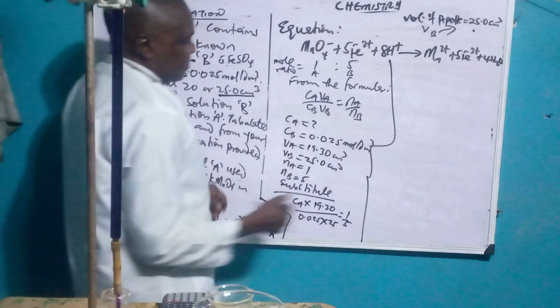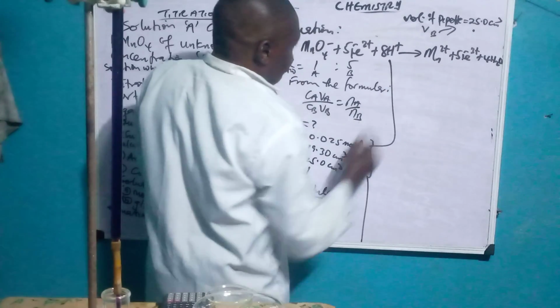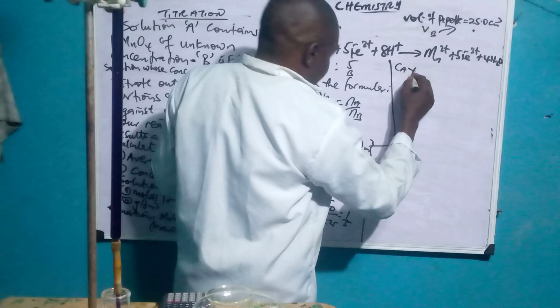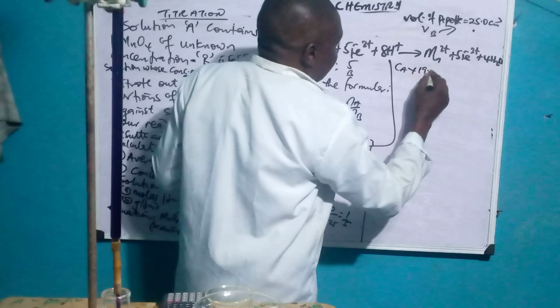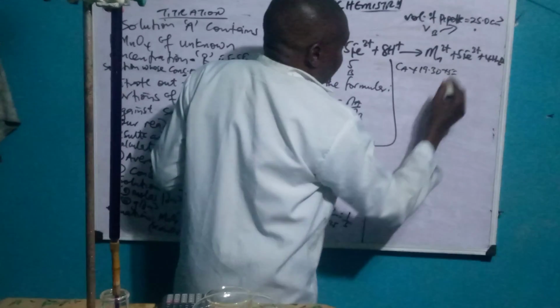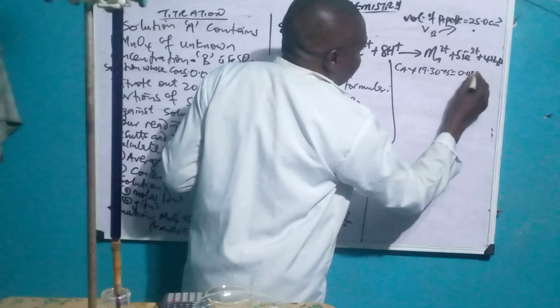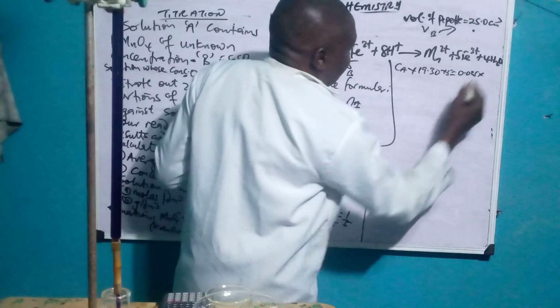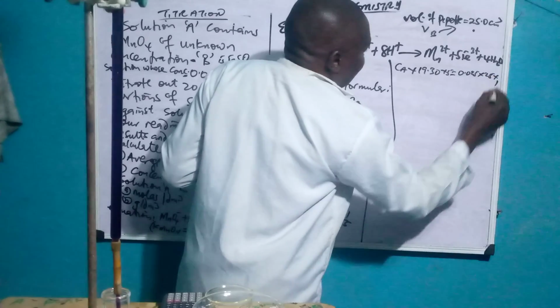So this is what you have. You now cross multiply. You have Ca times 19.30 times 5 equals 0.025 times 25 times 1.